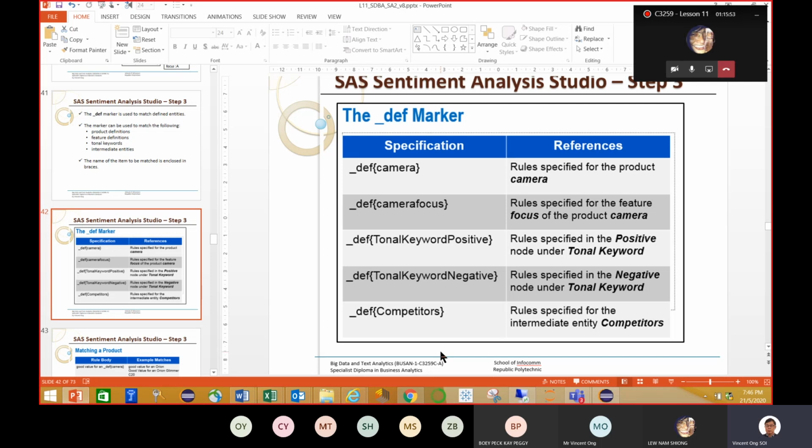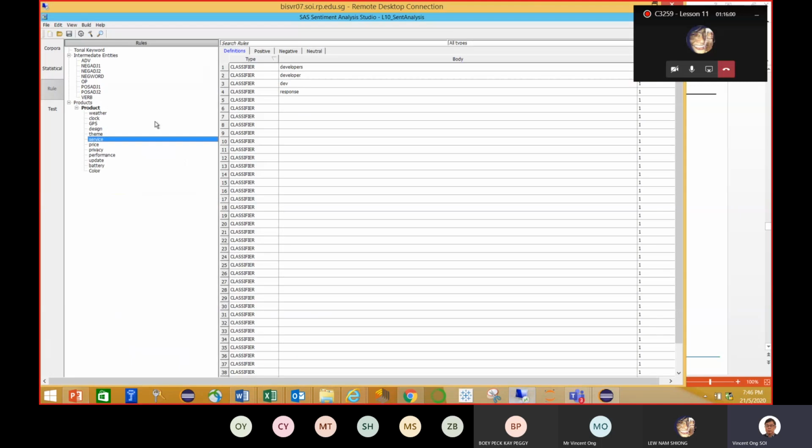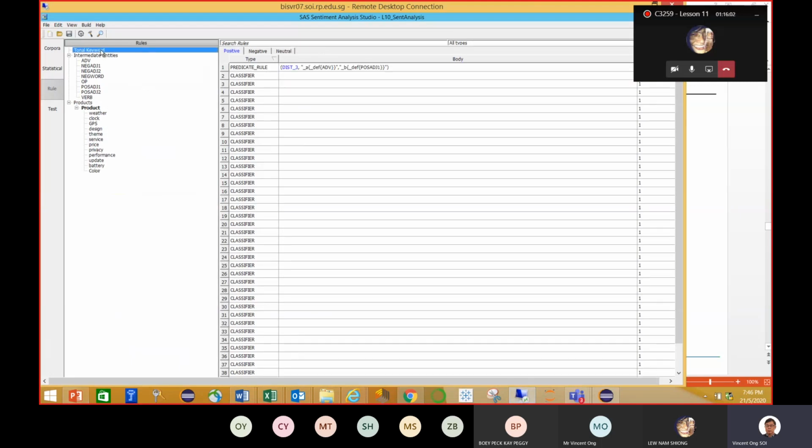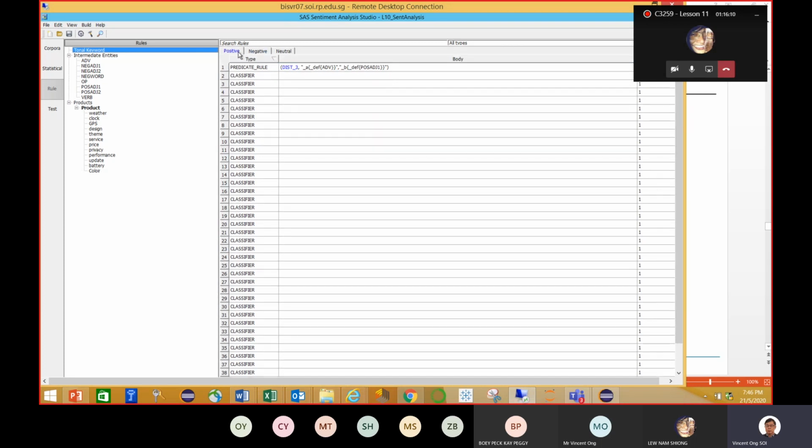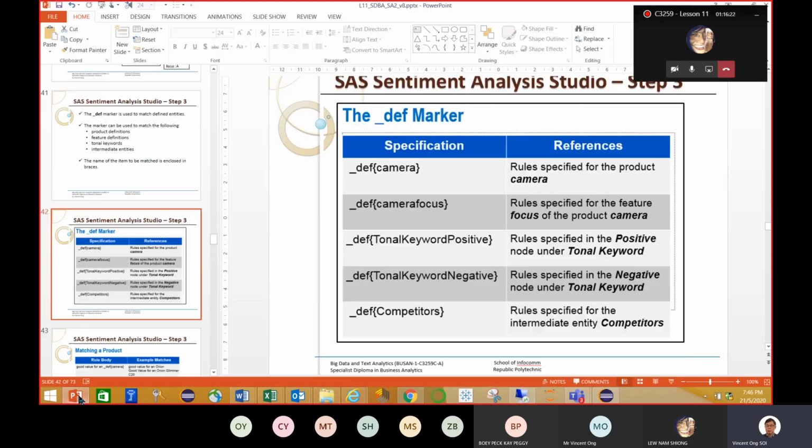Or you can define it in the tonal keywords positive, tonal keywords negative. Now what does that mean? You look at the tonal keywords, for example. Not a very good example, but you can define that as well inside the tonal keywords.